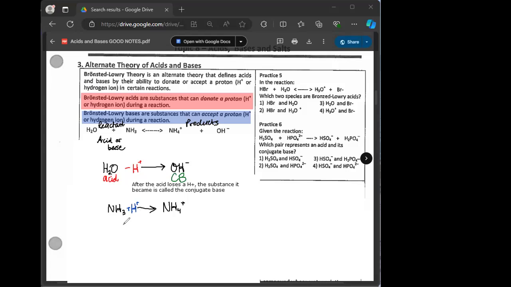Okay, and then we need to know what substances gain hydrogen ions. That must be NH3, or I'm sorry, bases. Bases gain hydrogen ions.